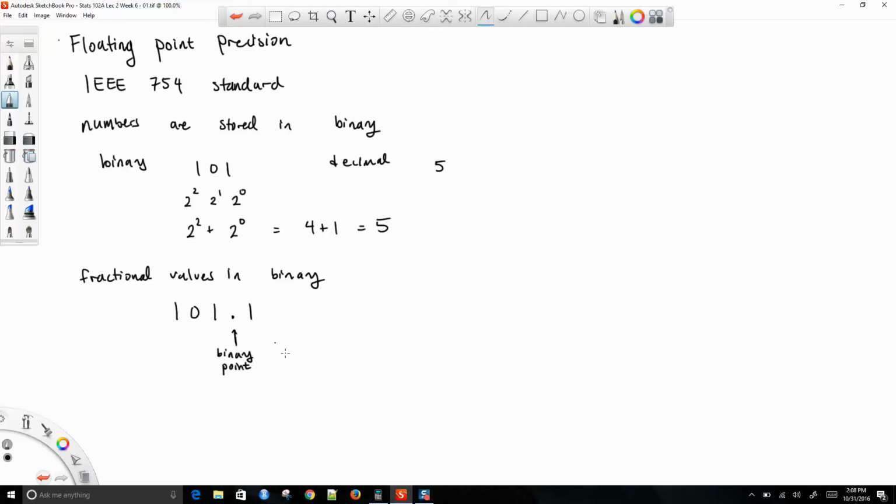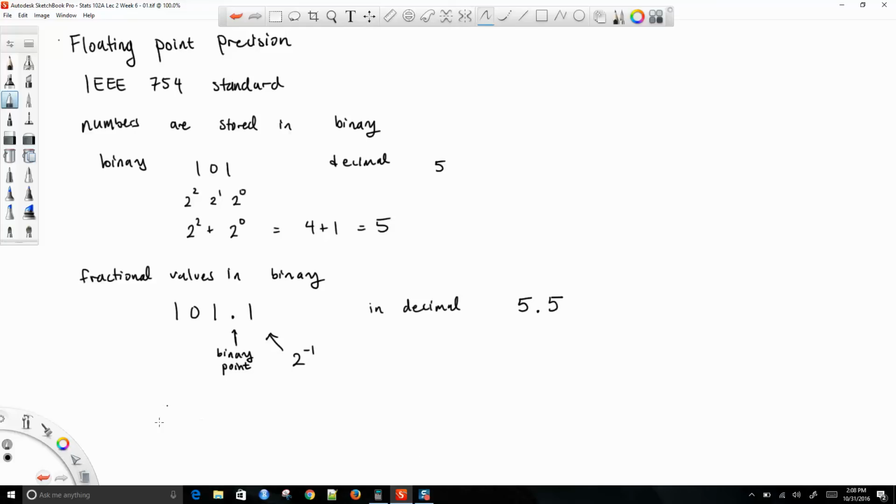What would this number be in decimal? 5.5, right? Because over here we established that 101 would be 5, and this spot right here would be the 2 to the negative 1 place. Is that good with everybody?